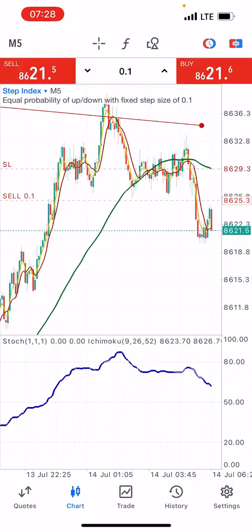So even if you get good strategies, you still need a good risk management plan to be able to do this well. And the next thing I find, like, I've been a victim of it in the past, and a lot of traders are actually suffering from it, is the fact that they don't withdraw their profits.